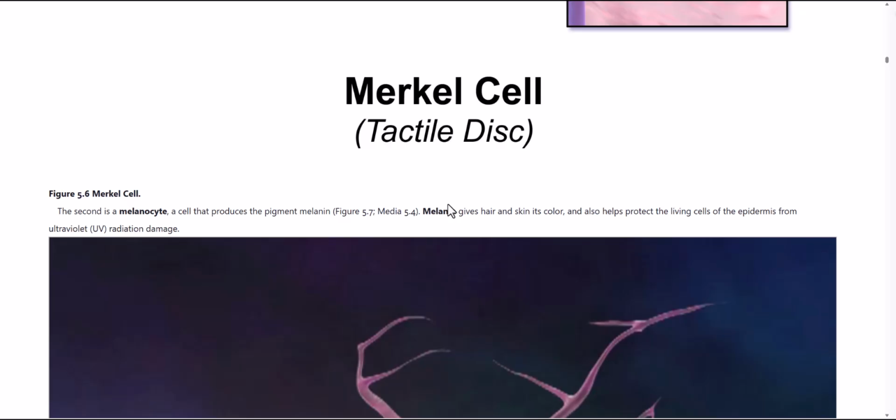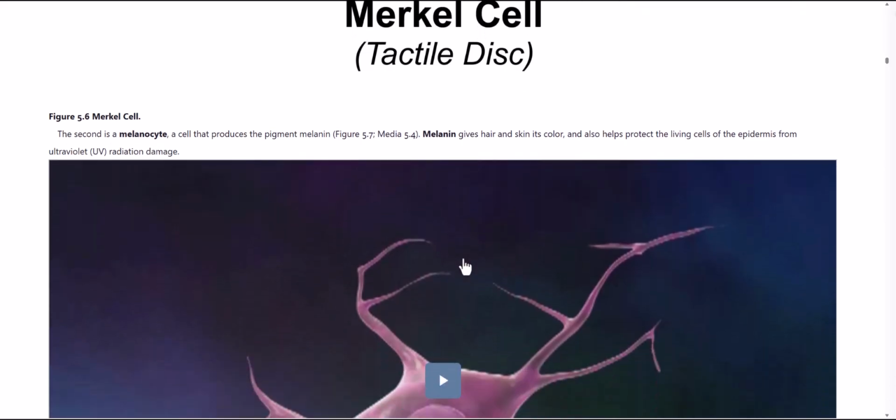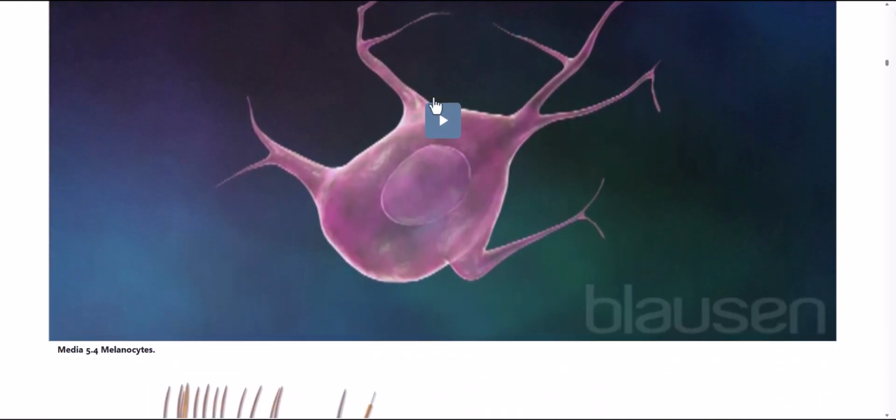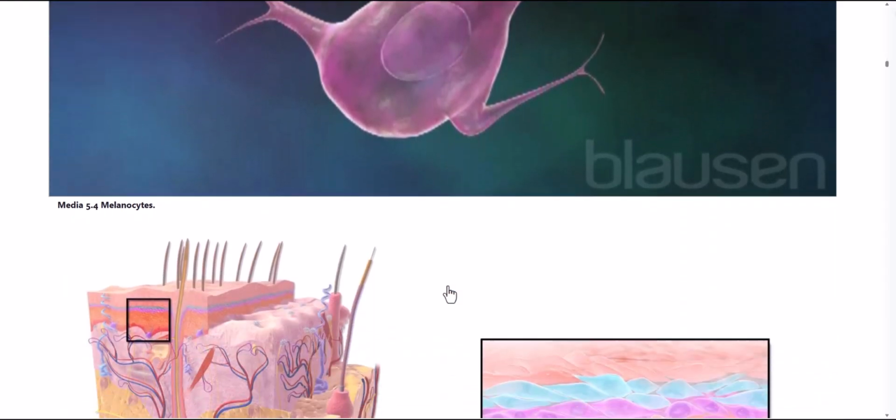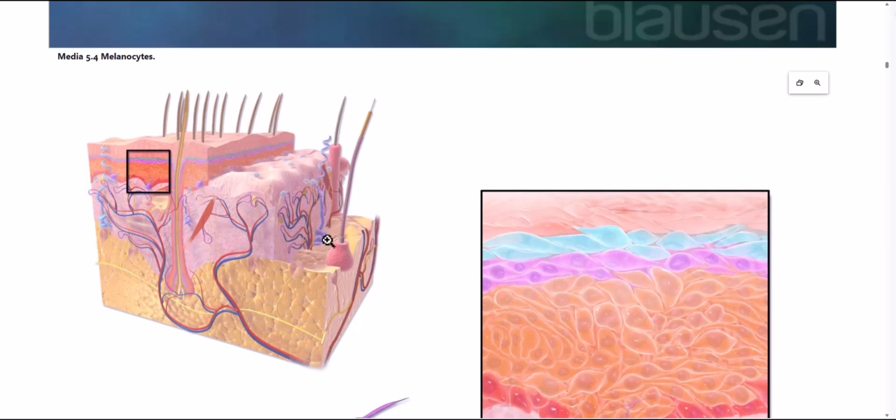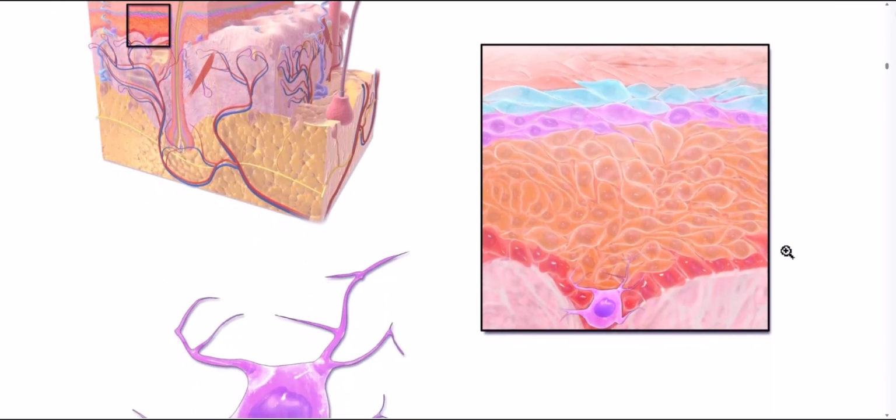And melanin also has a very important protective feature, and that is people with a darker form of melanin actually are protected against excessive UV radiation damage to the skin. So we'll look at this in a moment as well. I would never have you recognize these cells in isolation, but again, you're going to see these melanocytes sitting in the basal layer in that stratum basale. You see it here in this particular picture.